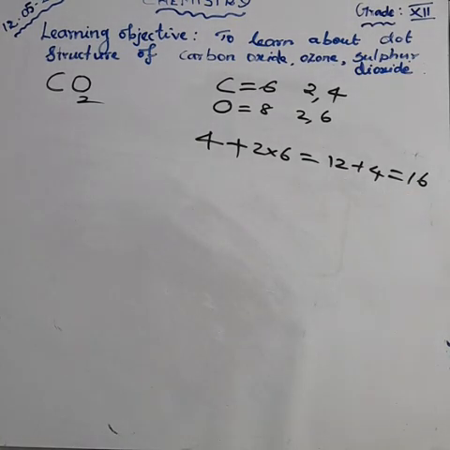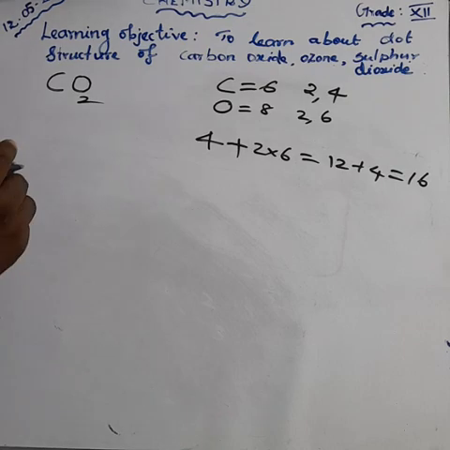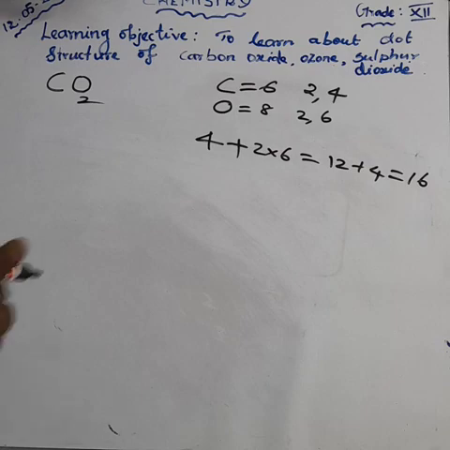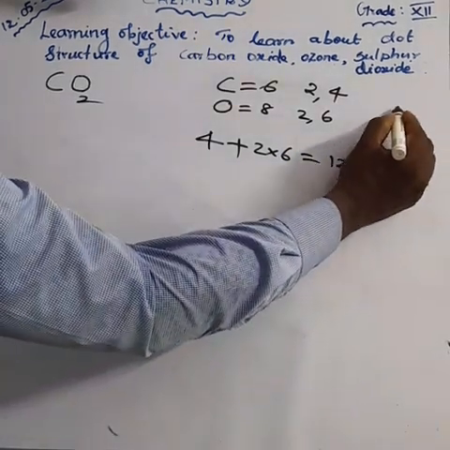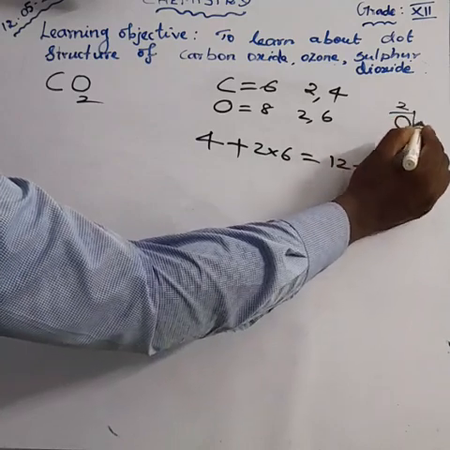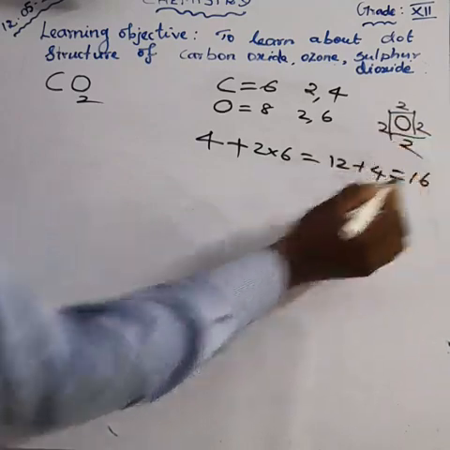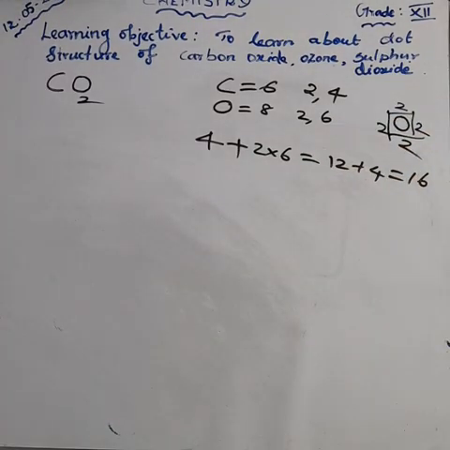Actually, how much is the requirement? Requirement means for attaining the inert gas configuration. Suppose an oxygen atom is like that, one side we have 2 electrons, this side 2 electrons, this side 2 electrons, here also 2 electrons. So 8 electrons are required for the inert gas configuration. Am I right? 8 electrons.